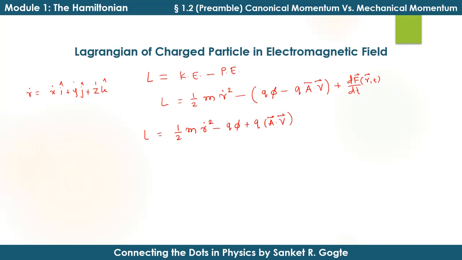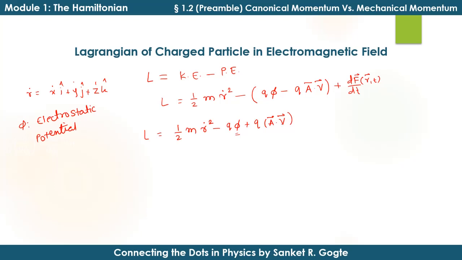Remember, in this equation r dot is the 3-dimensional velocity, phi here is the electrostatic potential, A is the vector potential due to the magnetic field, and v is again velocity.